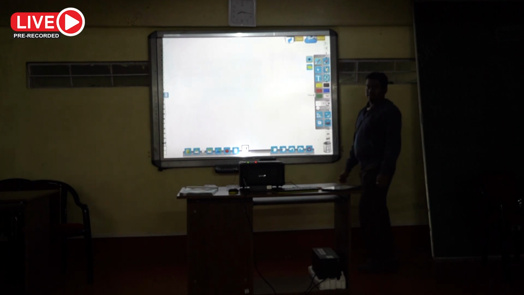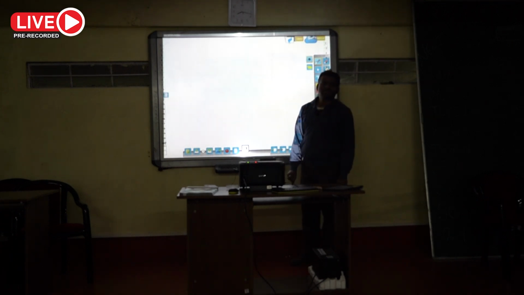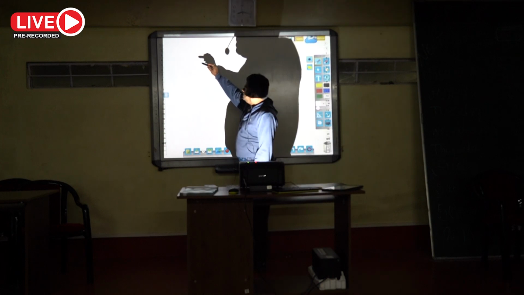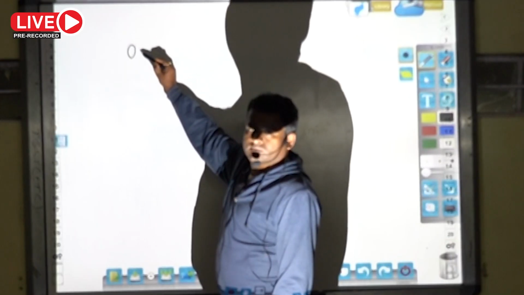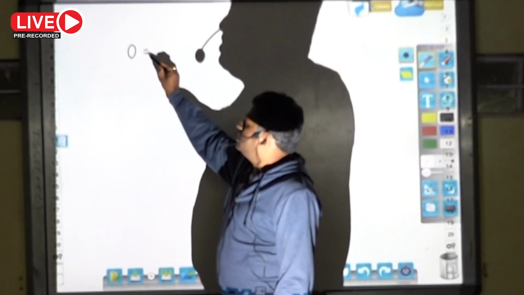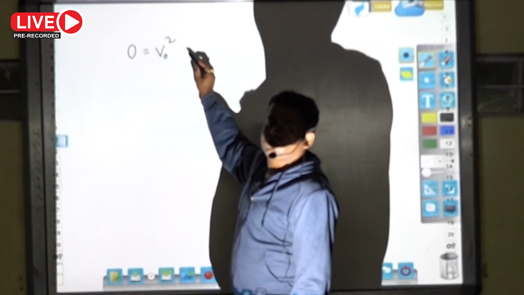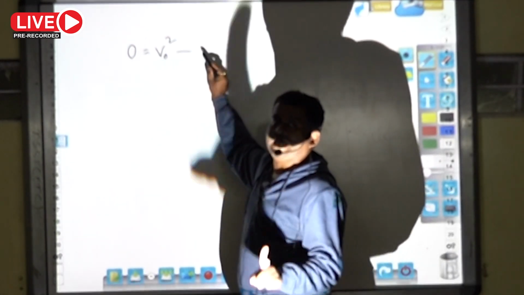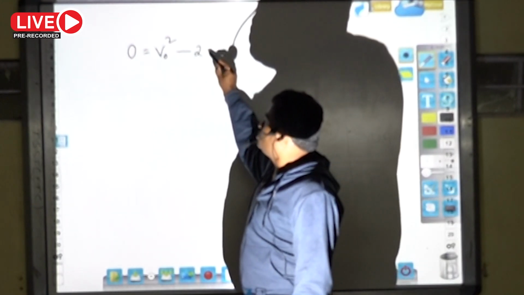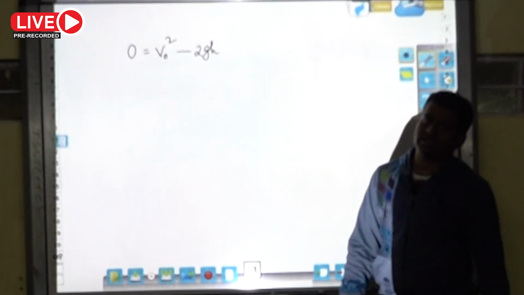See, you can consider first that the ball is reaching the maximum height where velocity will be 0. Its velocity is v naught, and when it is thrown with this velocity it is reaching a height of h, then v naught square will be 2gh. So this is your first equation.